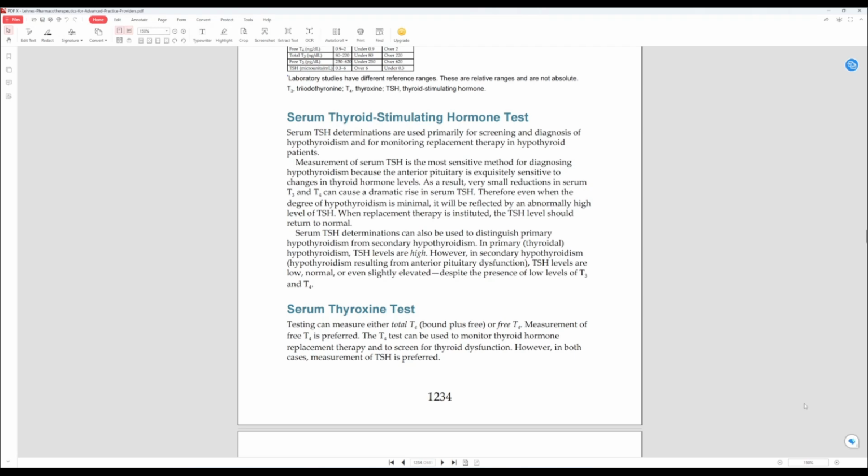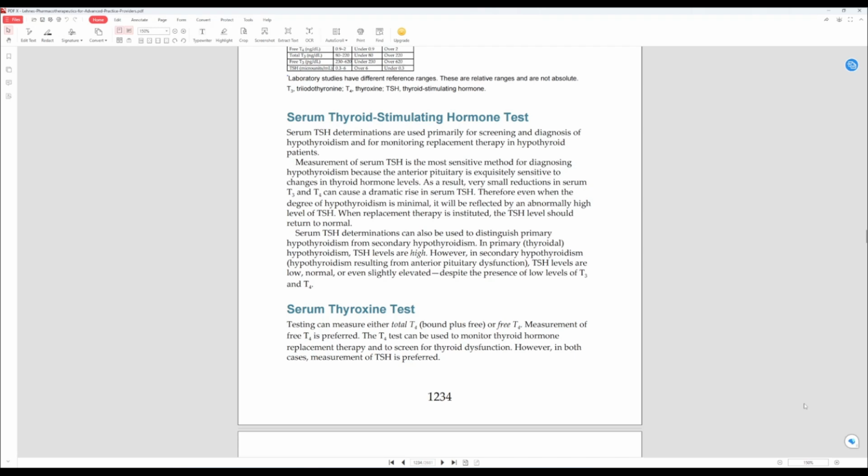determinations are used primarily for screening and diagnosis of hypothyroidism and for monitoring replacement therapy in hypothyroid patients. Measurement of serum TSH is the most sensitive method for diagnosing hypothyroidism because the anterior pituitary is exquisitely sensitive to changes in thyroid hormone levels.